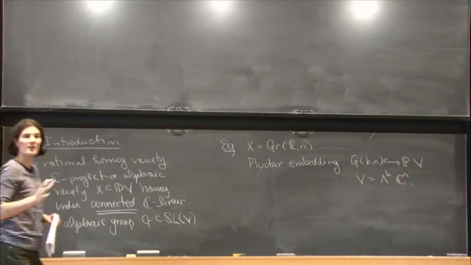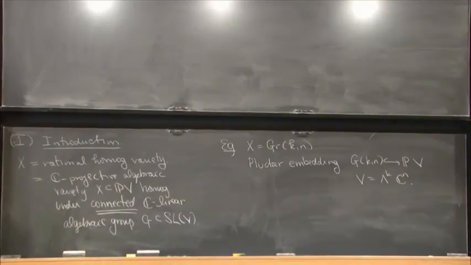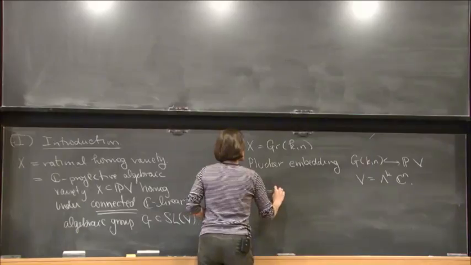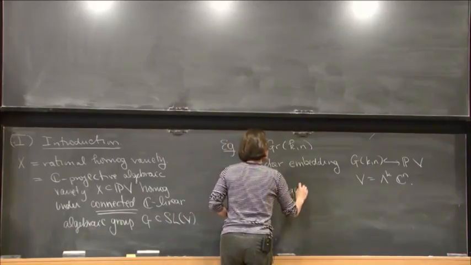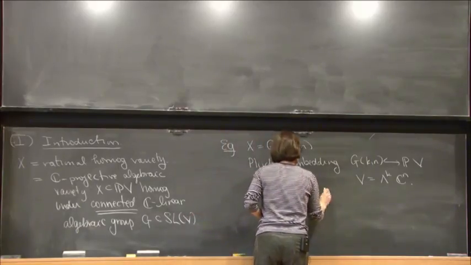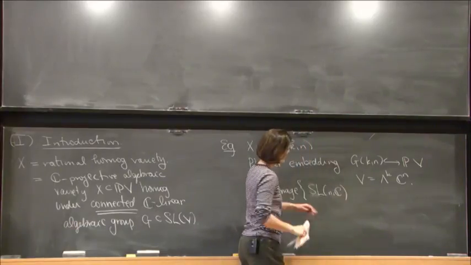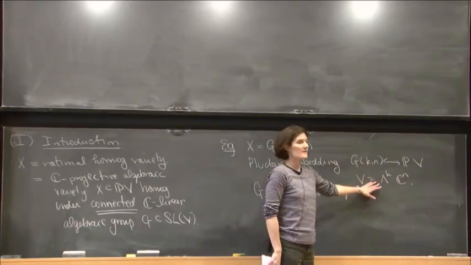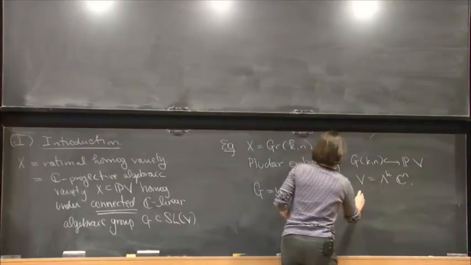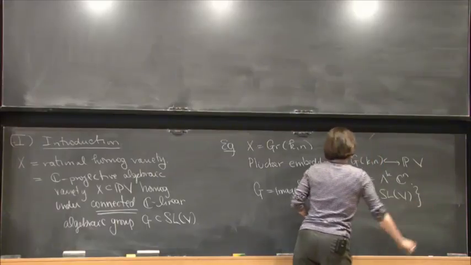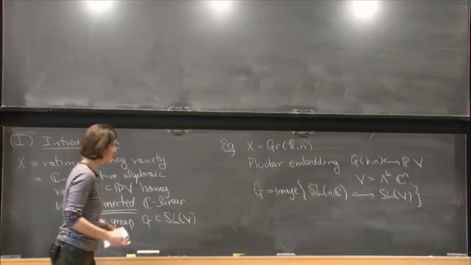So we're looking at all the k-dimensional linear subspaces in a complex space. And our group G is just the image of the natural embedding of the special linear group. This acts on C^n, that extends to an action on V. This sits inside SL(V).